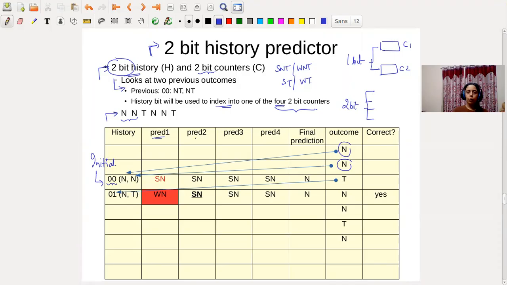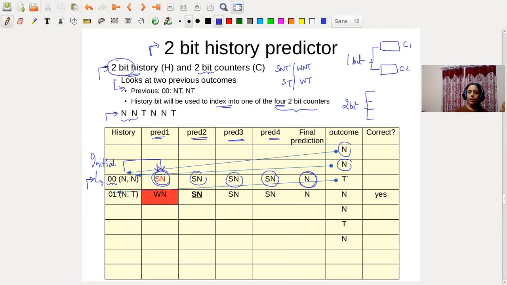Now these are the 4 counters that we have: prediction 1, 2, 3, and 4. Let us say that these are the initial states of these counters, and as you would have noticed, they're all 2-bit counters. Now, if you have a history of 0, 0, this means I'm going to index into the first counter and take whatever is the outcome from that. That is the prediction, which is strongly not taken. So this is the final prediction, which is not taken.